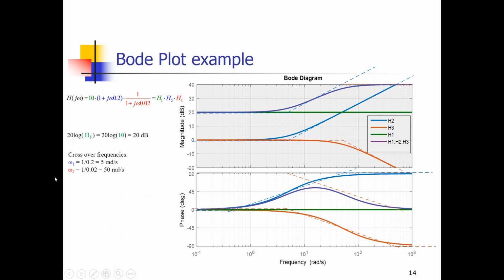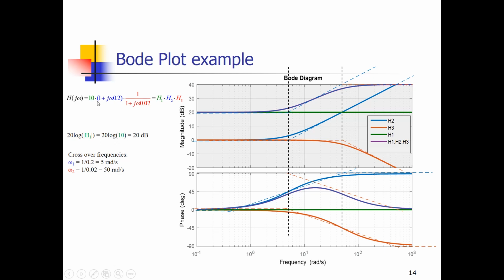We have defined the crossover frequencies for the blue system, which was H2. The crossover frequency is at 5 radians per second, which is over here, and for the red system, the crossover frequency was 50 radians per second, which is over here.